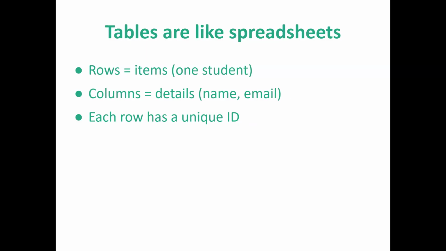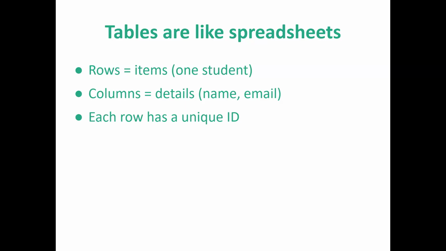So from there we can directly start working with SailPoint as well after knowing the database queries. Tables are the same as your Excel spreadsheets, where there are rows and columns, and each row has a unique ID, which we call a primary key, a unique identifier which differentiates one set of data from the other.